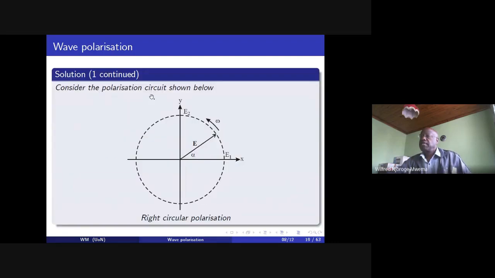Now, if we look at circular polarization, we are seeing that omega is going counterclockwise. It's increasing in that direction as time evolves. Therefore, we want to see the angle alpha made by the E phasor vector with the x-axis.